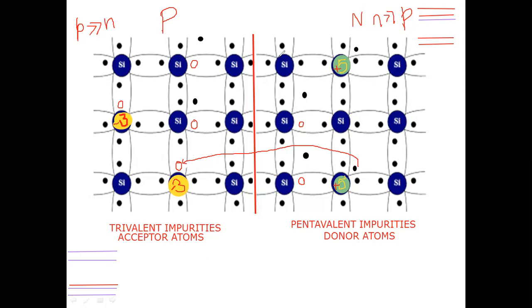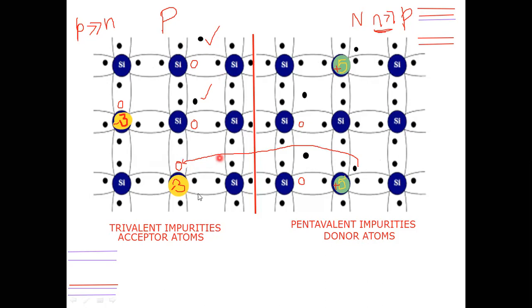Because, as I just told you, of the process of diffusion. Diffusion is a process of moving charge carriers from high concentration area to low concentration area. Here in n side, electrons are majority charge carriers. There are a lot of electrons here in n side, and in p side there are very few electrons, and so many holes.